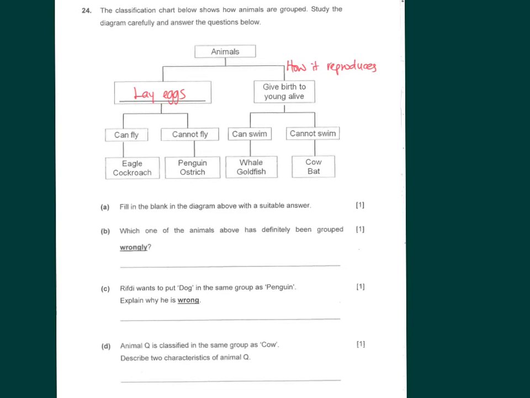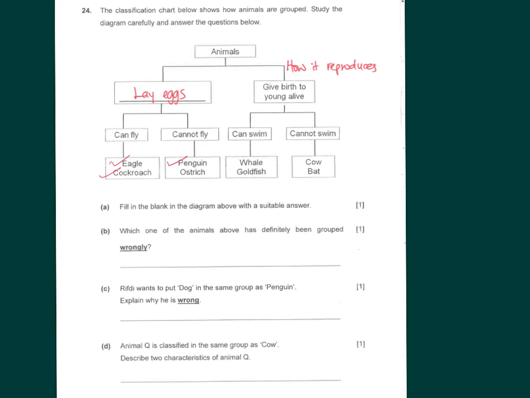Part B. Which of the animals above has definitely been grouped wrongly? So let's examine the animals. Under can fly, eagles, yes, eagle is a bird that can fly. Cockroach, yes, it can fly too. Although you don't see it flying really, sometimes cockroach can fly. Cannot fly, penguin, yes, penguin is a flightless bird, it can only swim, so it's a bird.